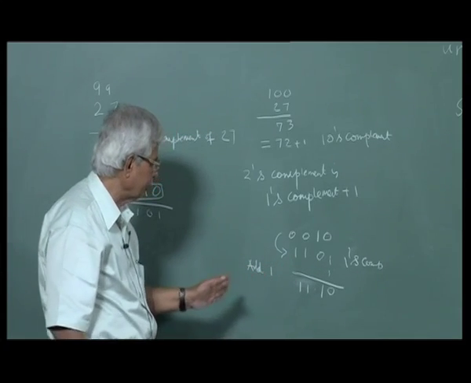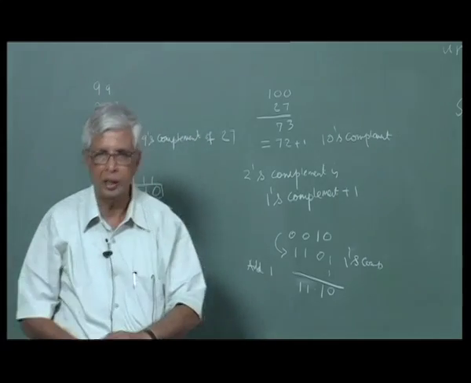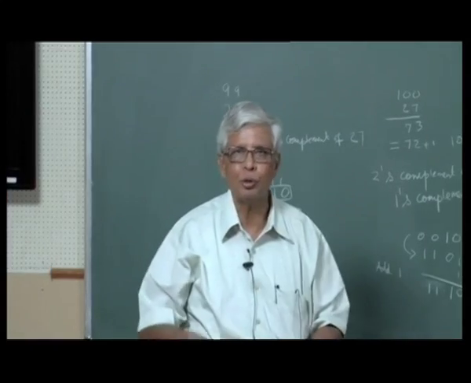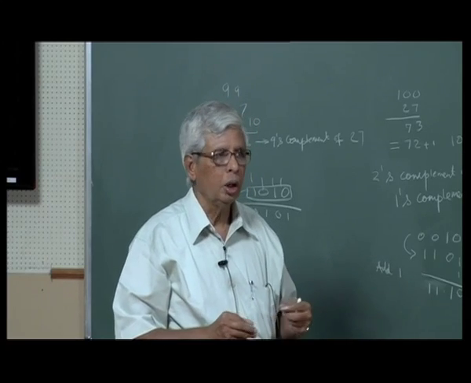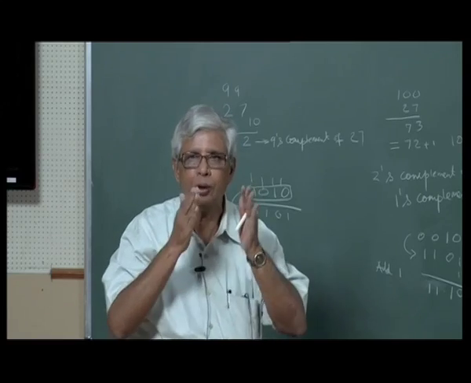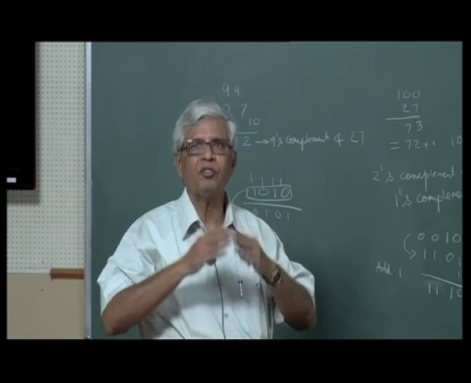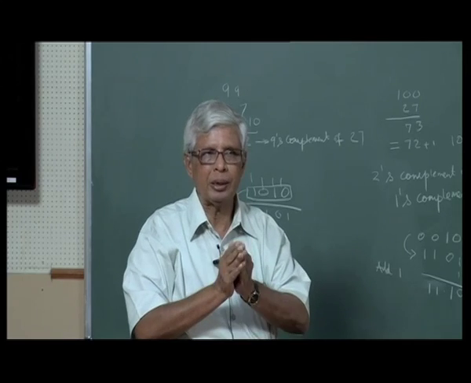But as I said, you have to preserve the sign, otherwise there is no use for doing this 1's complement, 2's complement, because for subtraction we will use this. That is what we want to do. So whatever your number is, first you should determine how many bits you want to use. Don't have a different number of bits. You always have the same number of bits.